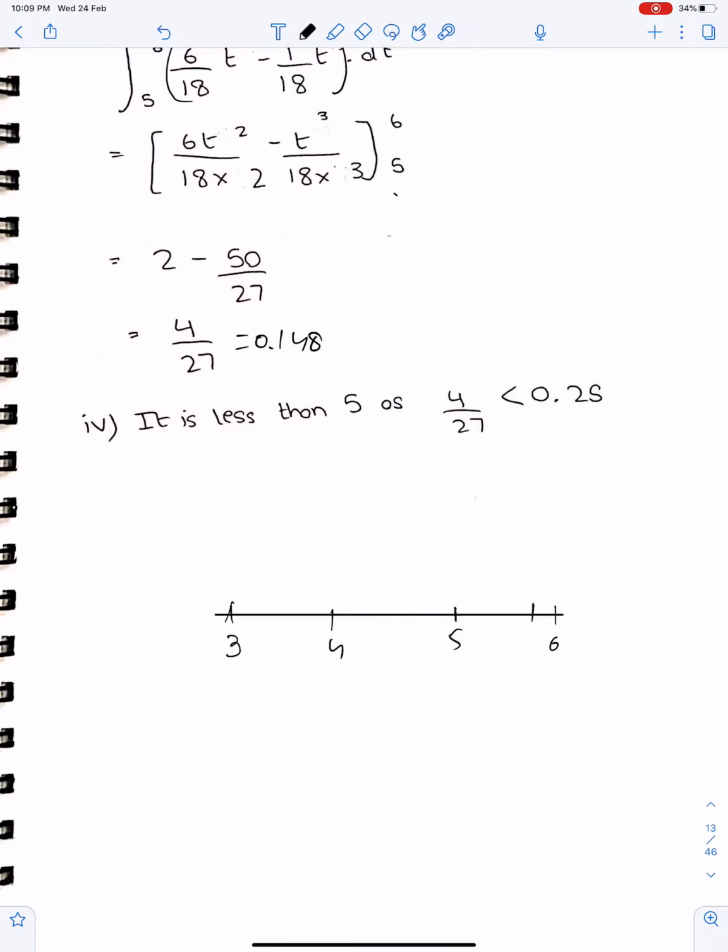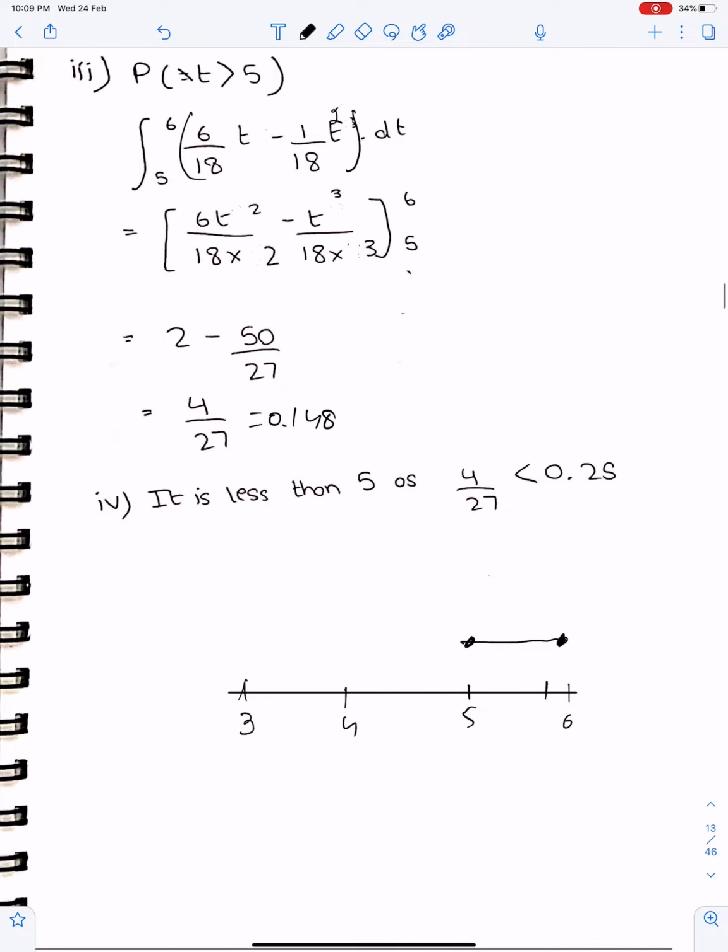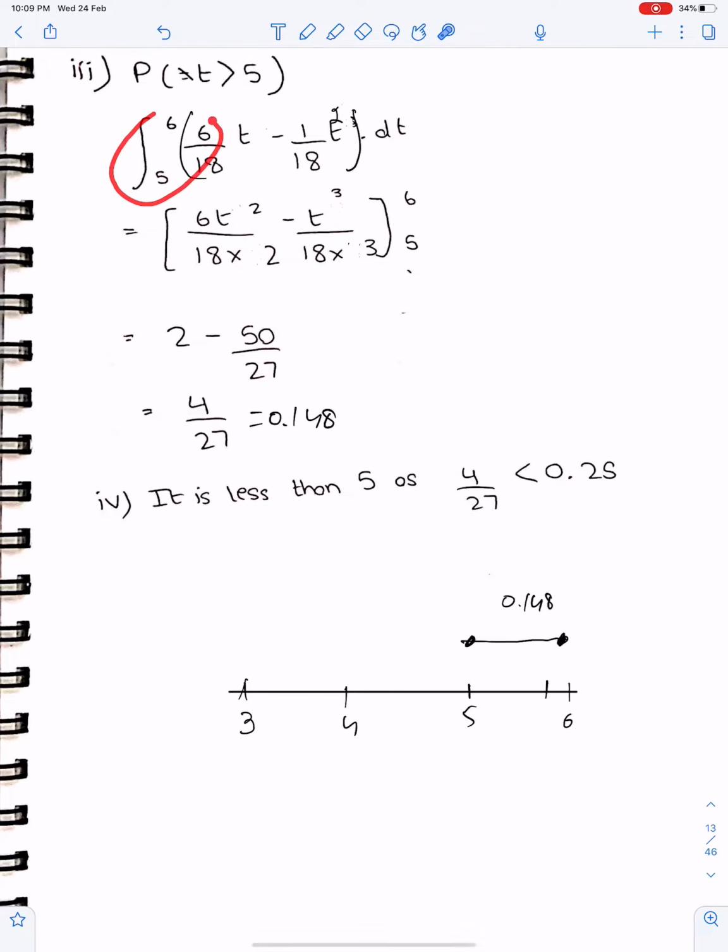Now see, greater than 5 has probability 0.148. It's here. So this probability is 0.148.